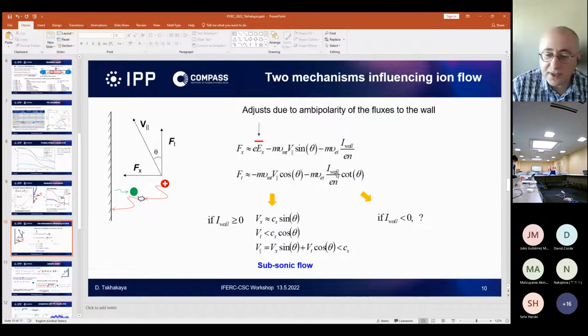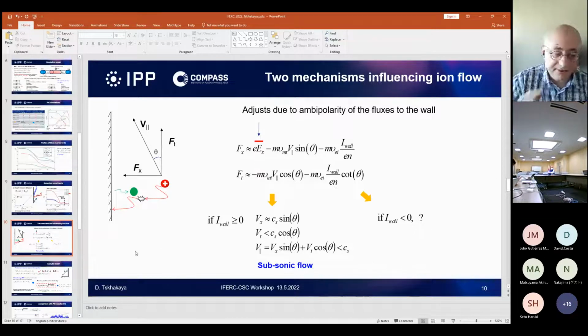If you took a very strong negative current to the wall, let's say a regime dominated by electron current, electrons could, due to friction, take ions and accelerate them, and in principle you can even get supersonic flow. And this was the main problem when we didn't see it.